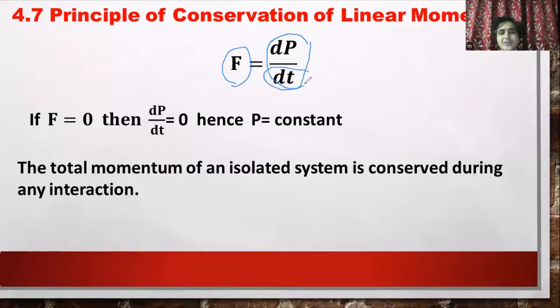As dt cannot be 0, dp, that is change in momentum, will be 0. And change in momentum is 0, that means p is constant, it will not change. Thus, the total momentum of an isolated system is conserved during any interaction.